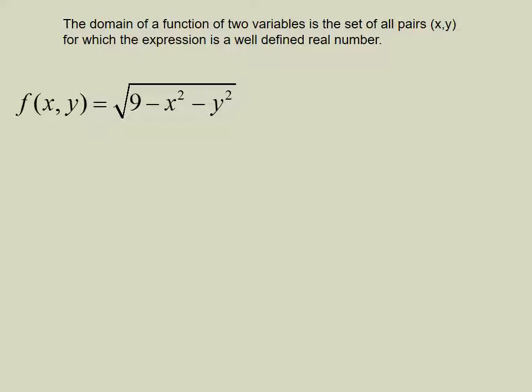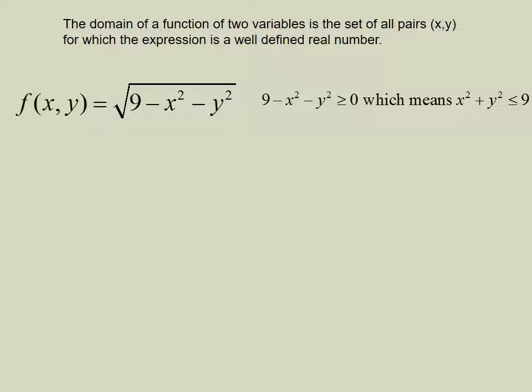Here's one more example finding the domain of this function. Again, very similar to the last one, we need the stuff under the radical to be greater than or equal to 0. And changing that up a little bit, we get x squared plus y squared less than or equal to 9. Well, I recognize that x squared plus y squared equals 9 is a circle, radius 3.